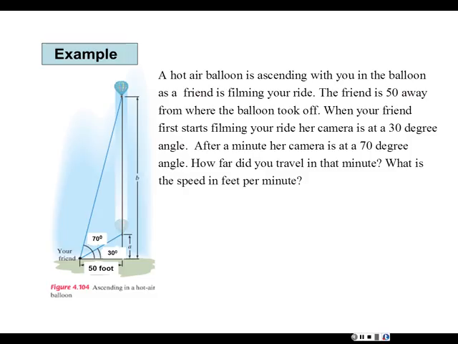How much? 137.37 feet. And how about that small a? 50 divided by square root 3.